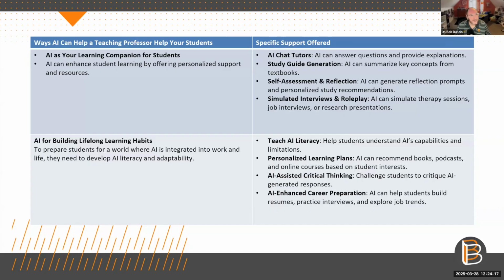Now, just so that you can get an appreciation for the ways that AI suggested that I could use it, that I chose not to include, probably the big one is AI as a research assistant.